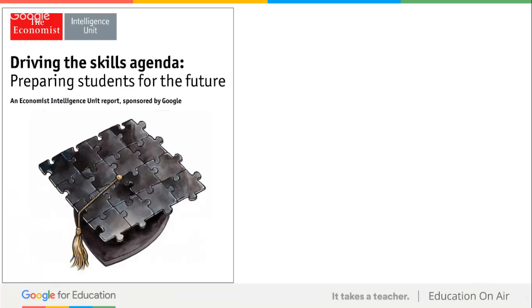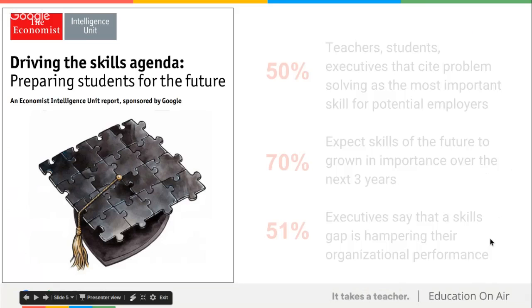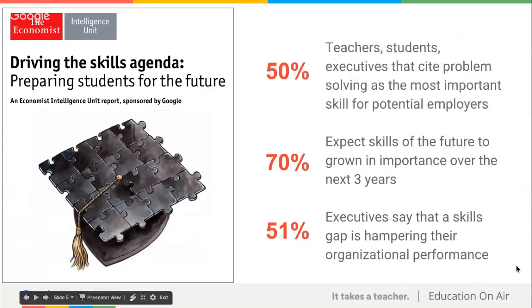So we were really interested in this at Google, trying to discover what those types of skills were that employers wanted to see students bring with them to their jobs. So we commissioned the Economist Intelligence Unit last year to help us do some research and talk to employers about those skills. And we learned some pretty interesting things.